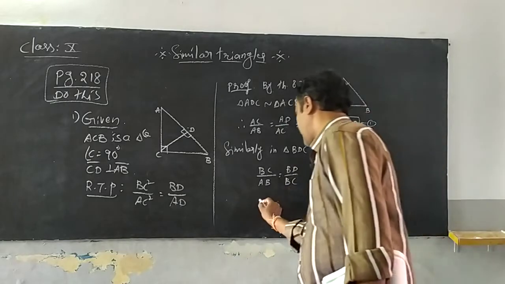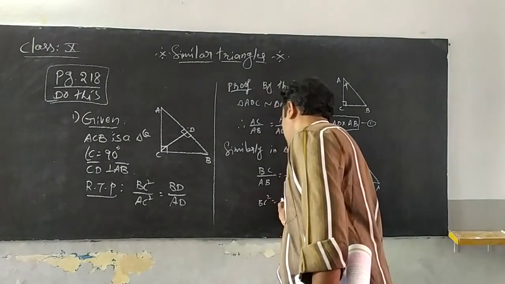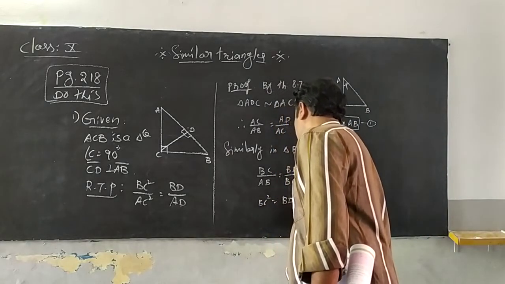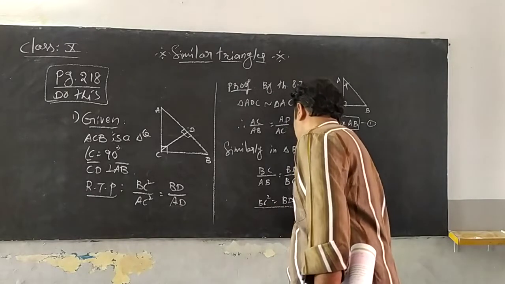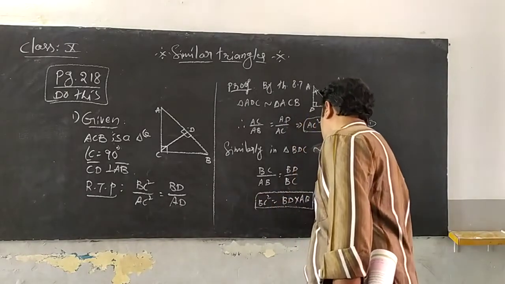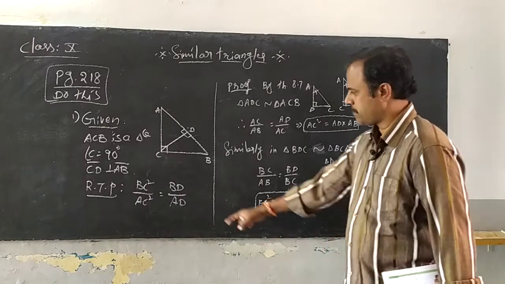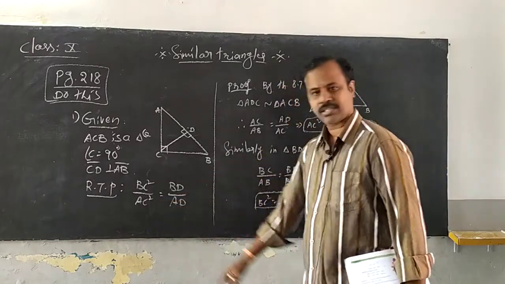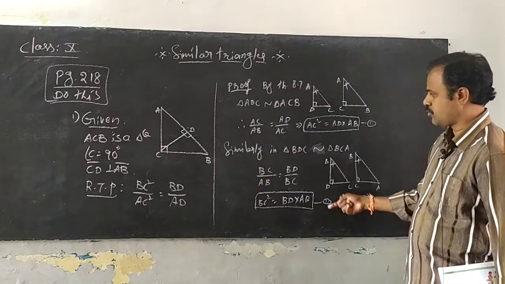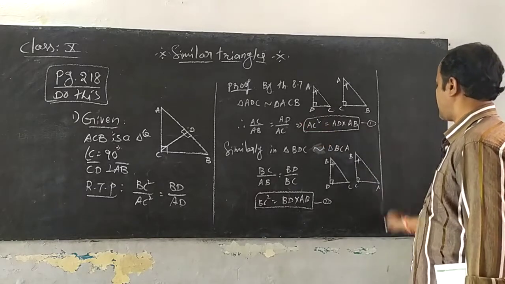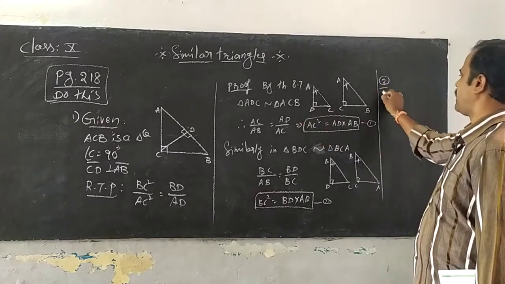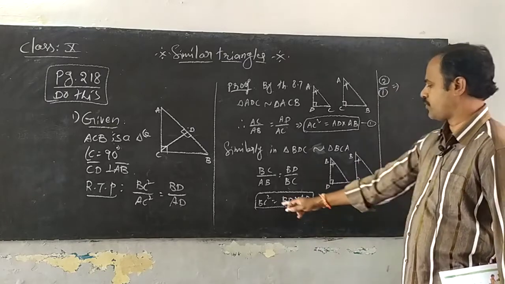BC into BC becomes BC square is equal to BD into AB. This is equation 2. You want here BC square in the numerator and AC square in the denominator. So take 2 by 1. Now we get 2 by 1. So what is 2 for you?